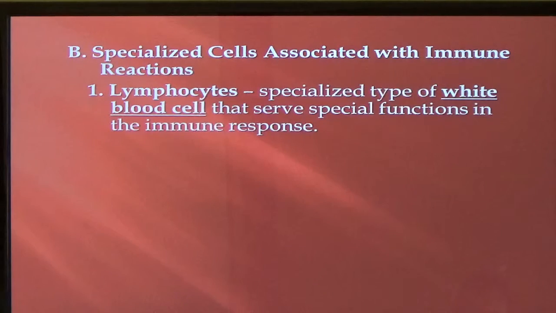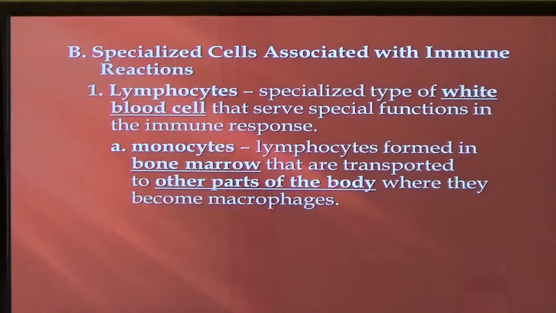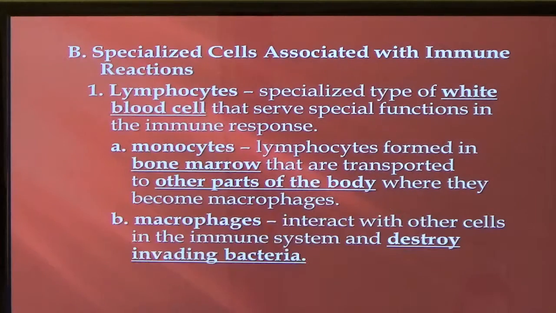Again, white cells, and you've got red cells, and there's a whole bunch of white cells called lymphocytes, and then from lymphocytes, there's monocytes and macrophages, and all these have different roles in fighting infections and keeping you healthy. But again, for this we don't really have to go too much into depth.